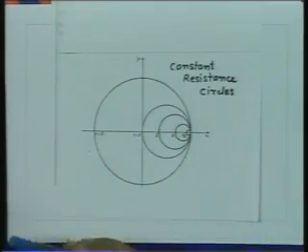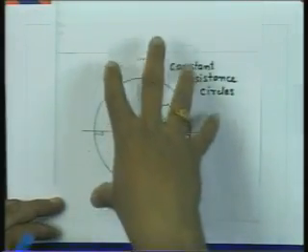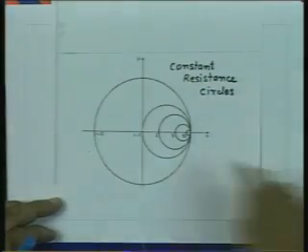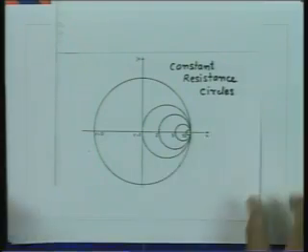So, the constant resistance circles are one within another, and r equal to 0 gives you the largest circle, and as r increases, the circle becomes smaller and smaller, and finally for r equal to infinity, the circle becomes a point. So, this is the one set of curves which corresponds to the constant resistance of the impedance. The other set of circles are the constant reactance circles.